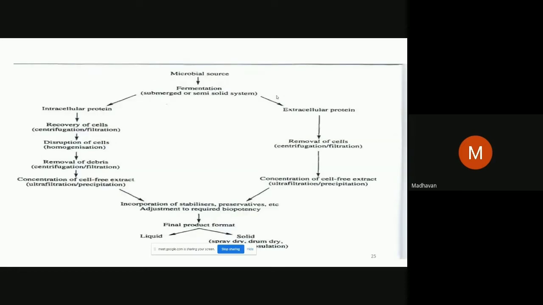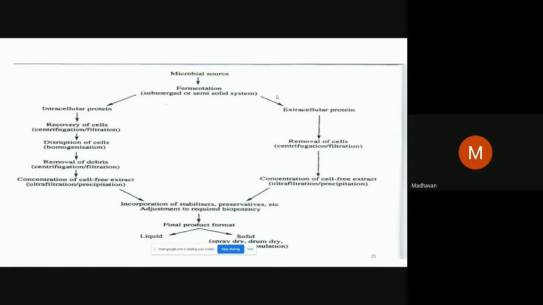And then the enzymes can be either extracellular or intracellular. Extracellular means it is just outside, available in the production medium. So you have to remove the cells by centrifugation or filtration. After that, you can concentrate the cell free extract by ultrafiltration or precipitation.